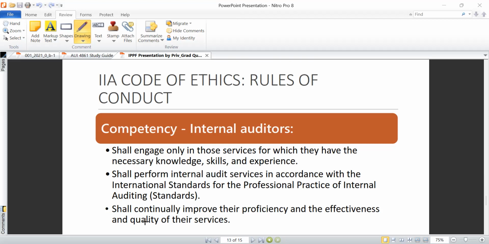So if there's no continued professional development happening in the internal audit department, then we have a problem. We are not complying with the competency principle.